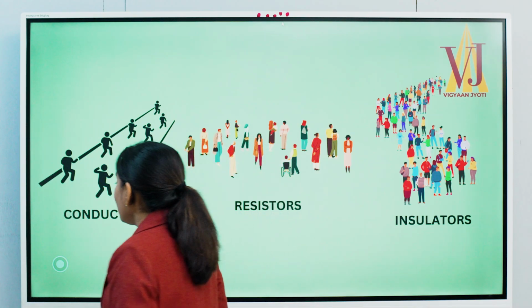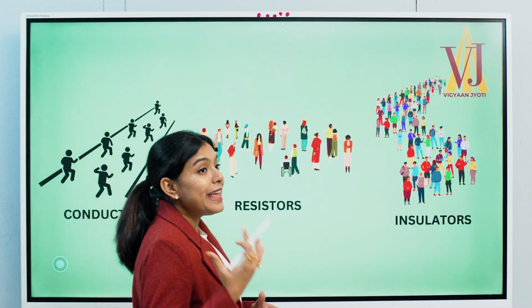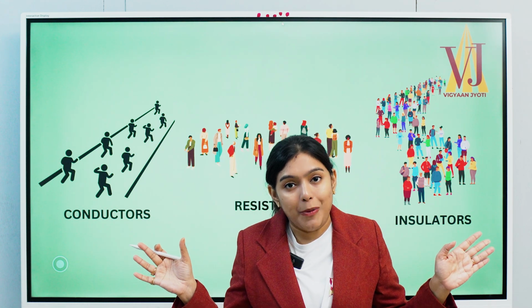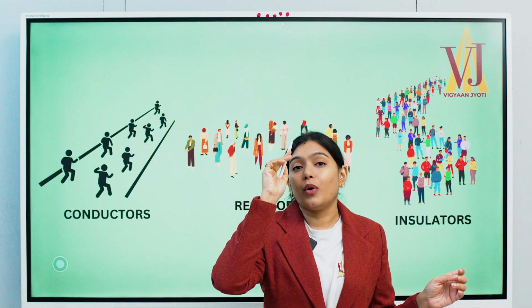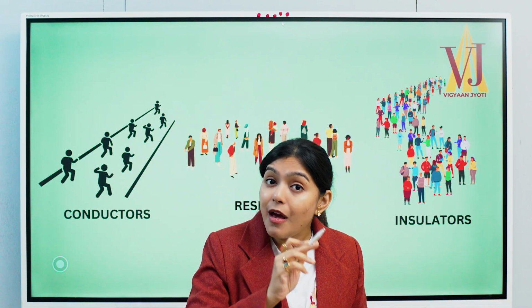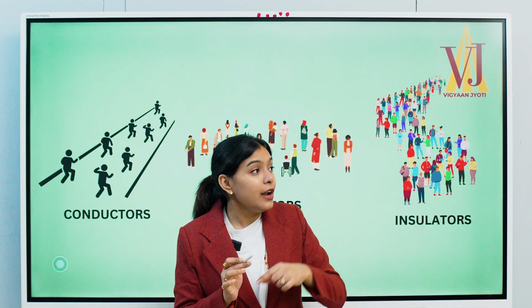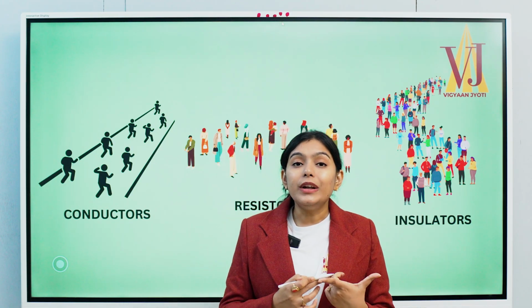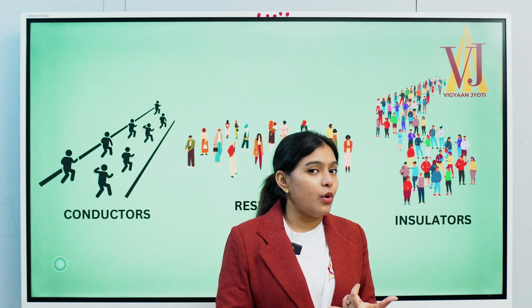Now here comes an interesting question with resistors and insulators. Insulators are those substances which will not allow the current to pass. When I was defining insulator, I said which may or may not allow, and I kept that gap so that I can explain the resistor. Insulator offers infinite obstruction to the flow of electrons.